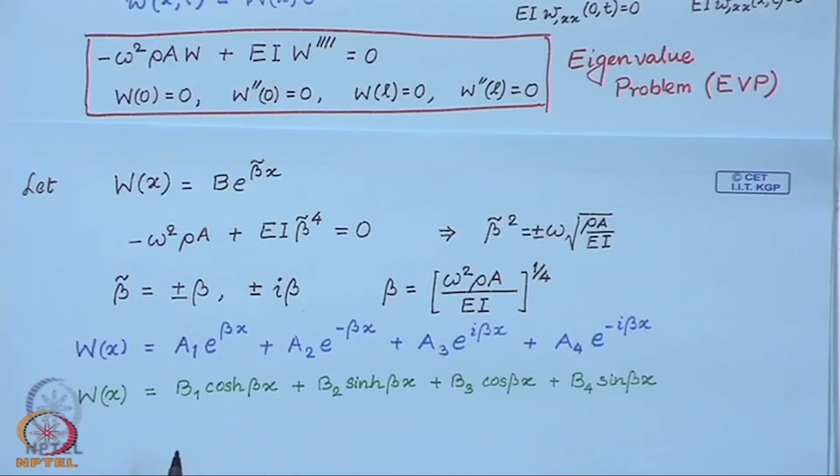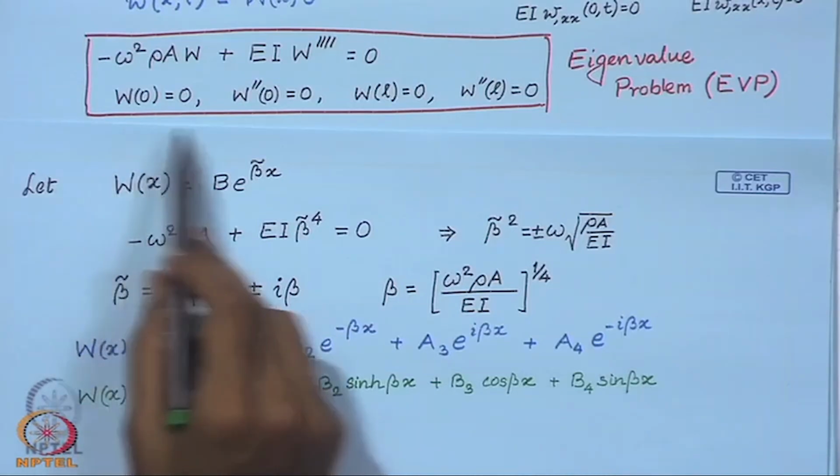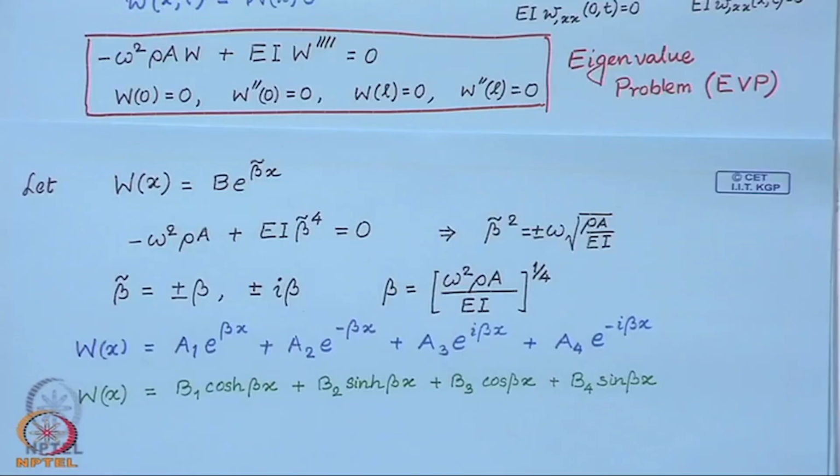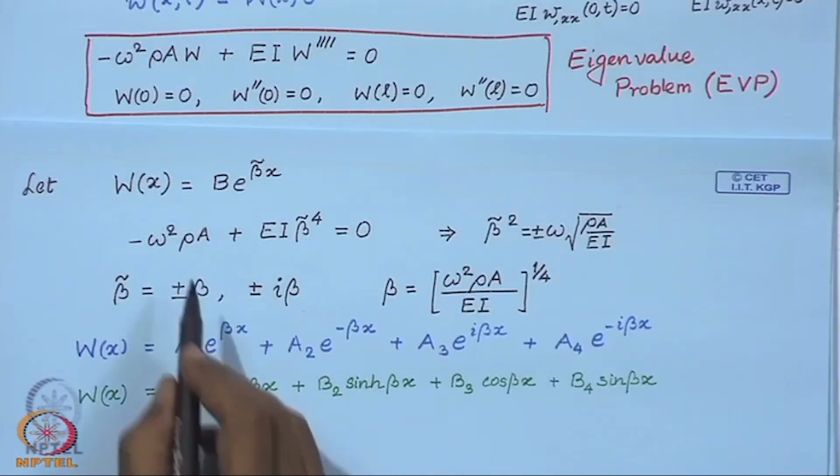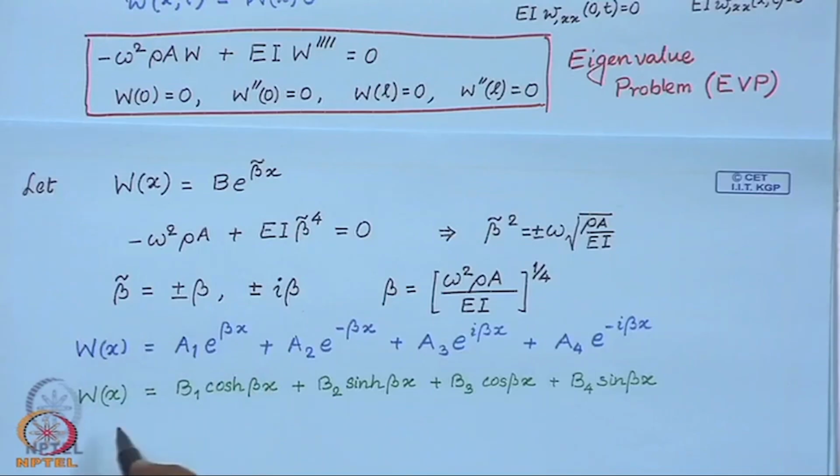Now, this general solution must satisfy these boundary conditions. If you put it in the first boundary condition, you will get this.